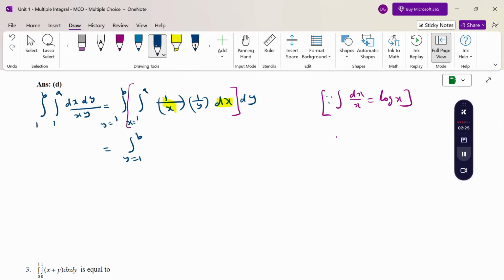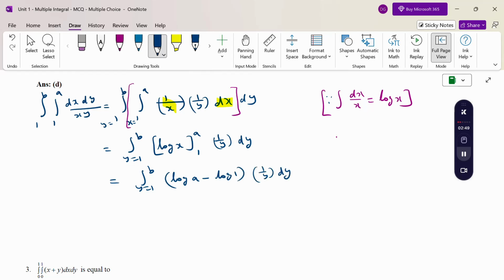So dx by x integration gives log x from 1 to a, upper limit minus lower limit, into 1 by y dy. Substitute: log a minus log 1, times 1 by y dy. Here log 1 value is 0.